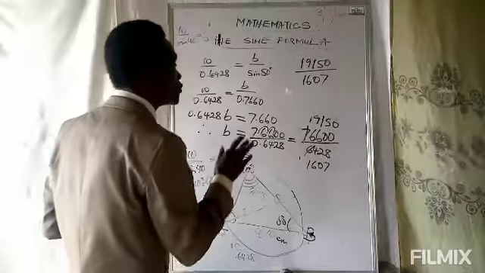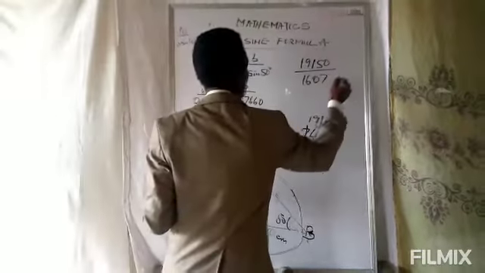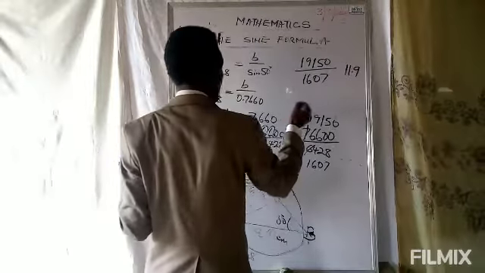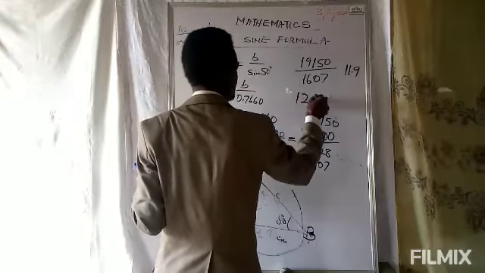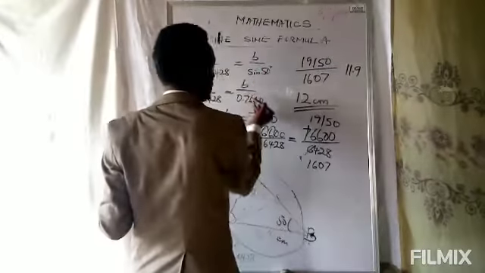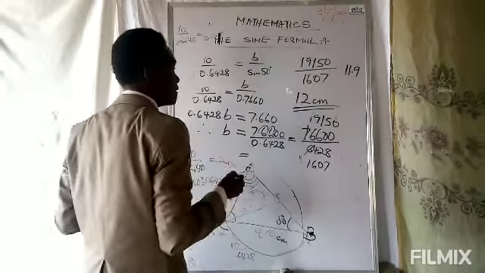So this now becomes 11.9. So this one is just approximately 12 centimeter. So our B now becomes 12 centimeter.